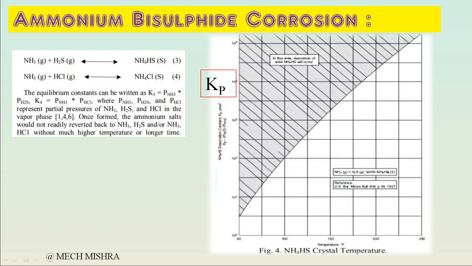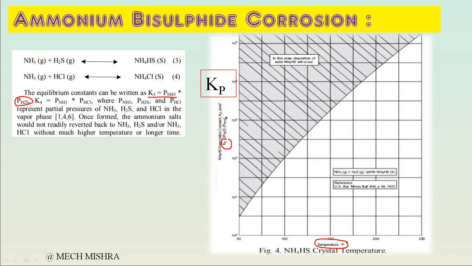The graph is with reference to temperature and Kp. What is Kp? Kp is the partial pressure of H2S multiplied by the partial pressure of ammonia. When both are multiplied, we get the Kp factor.